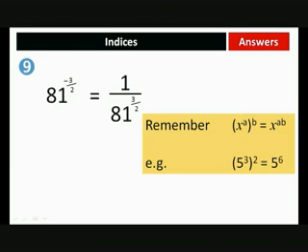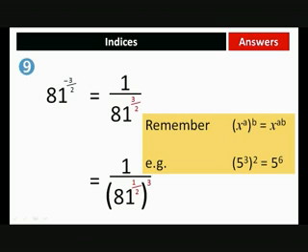So we're going to use that to split up 3 over 2 into a half times 3. So 1 over 81 to the power of 3 over 2 is the same as 1 over 81 to the half to the power of 3.